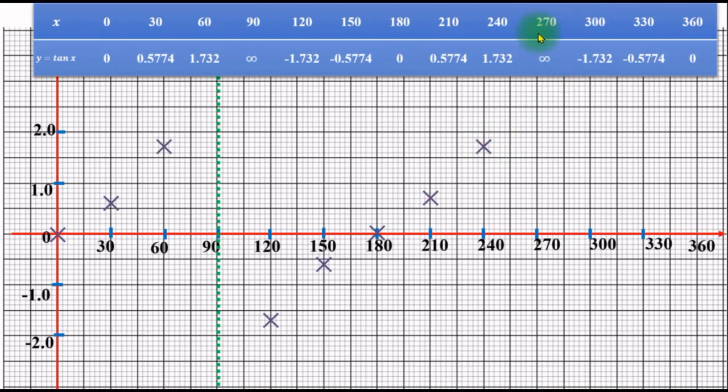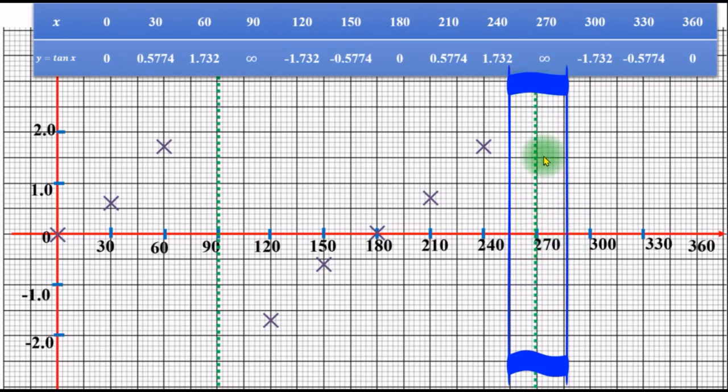Then when x is 270, again y is undefined, so at this particular point again we are going to have an asymptote line, so we draw an asymptote line. Then when x is 300, y is negative 1.7.